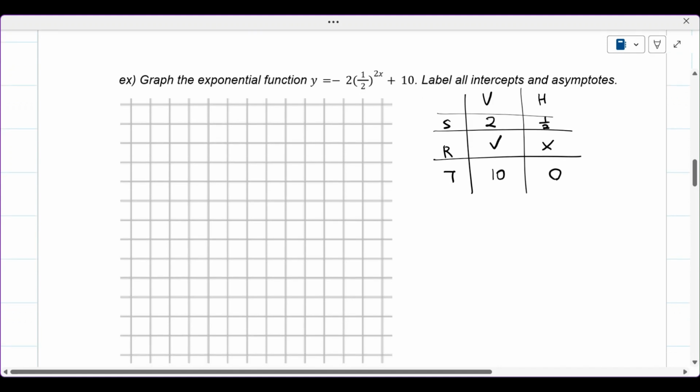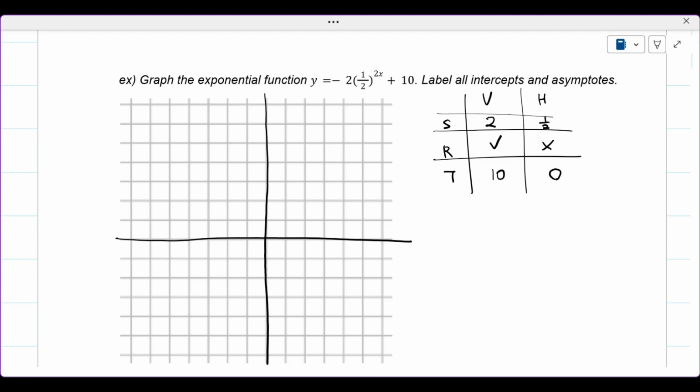So why don't we start by putting things on the axis first. We could just make a new table and graph it as it is, but because we're learning about transformations, let's try to go from the previous graph to this current graph. So the previous graph went like this: 4, 2, 1.